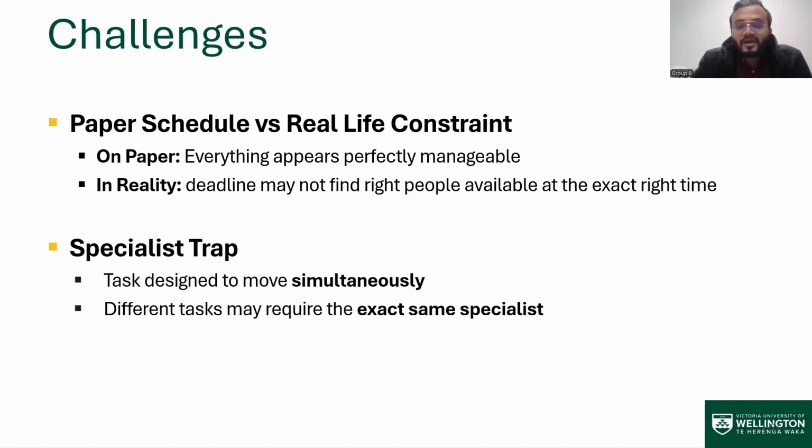For example, in a banking app project, the team may decide to complete the entire project within one week, along with security checking and everything, but the technical staff required for all this may not be available. As a result, one task has to wait, and that creates the delay.